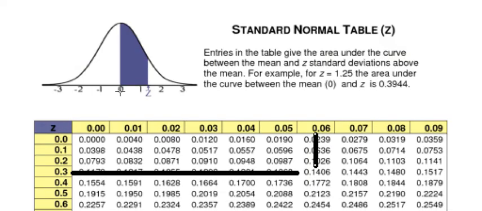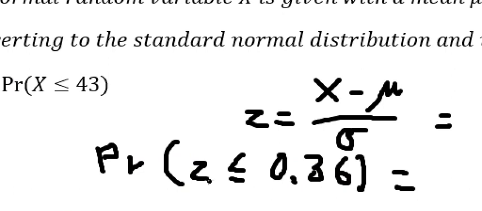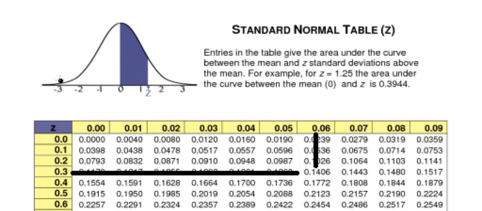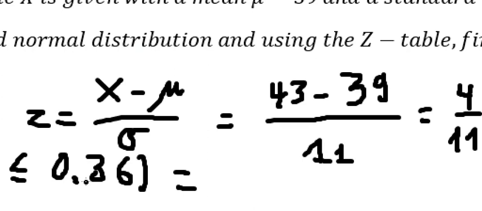and we see that this table only gives the probability from 0 to z in here. But in the question, they start from z is smaller than or equal to 0.36. So to find the whole area in here, we know that on the left side, this area represents 0.5. But on the right, from 0 to z, that is the location we just found in here.